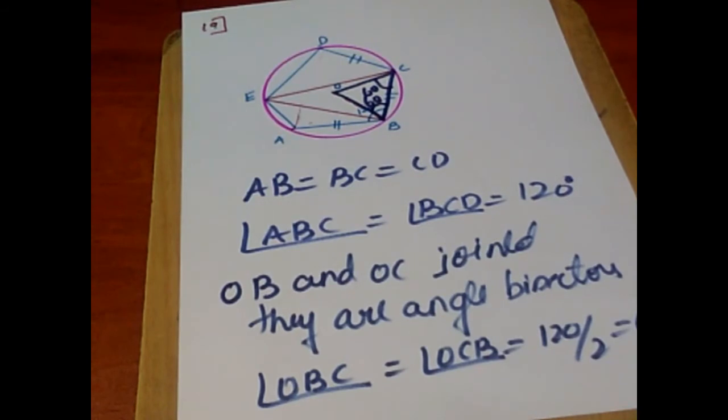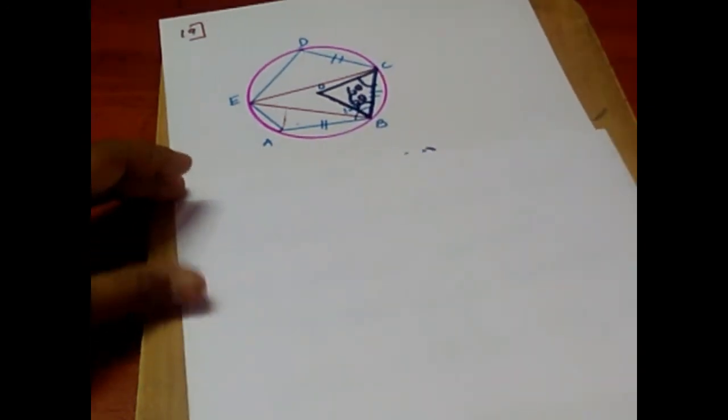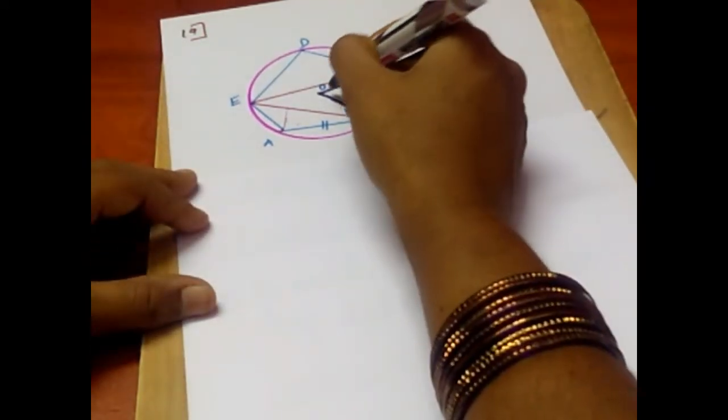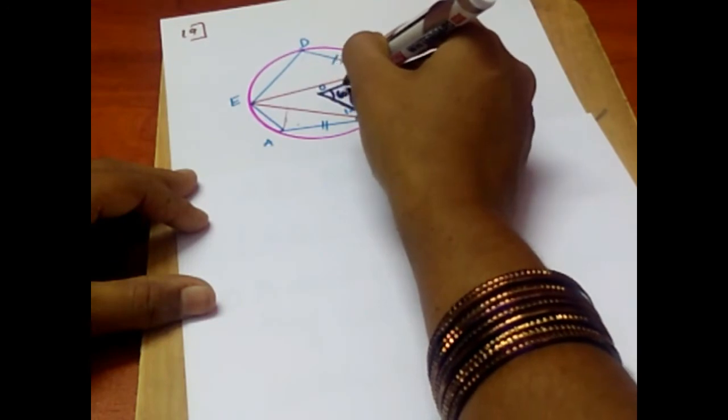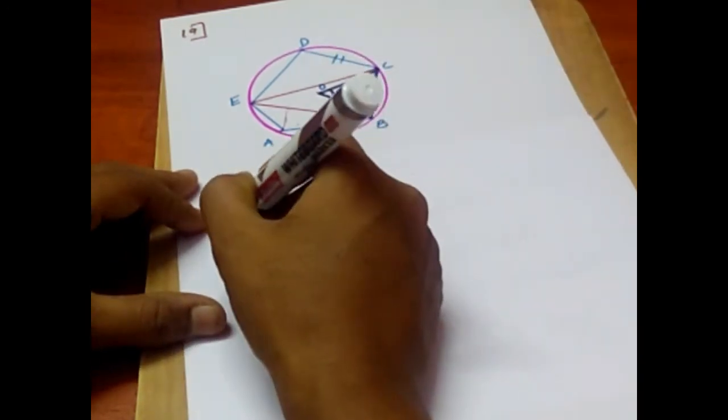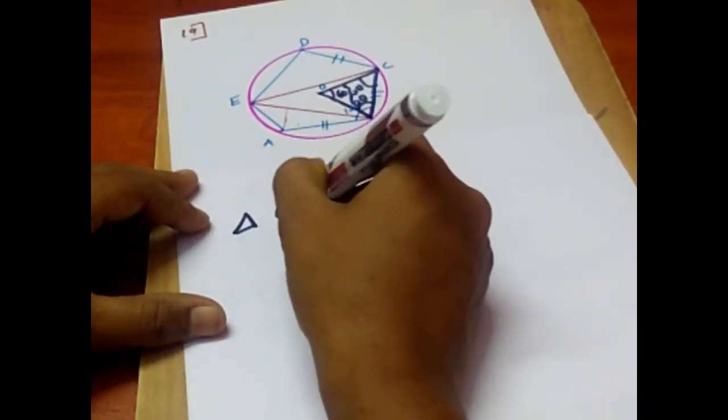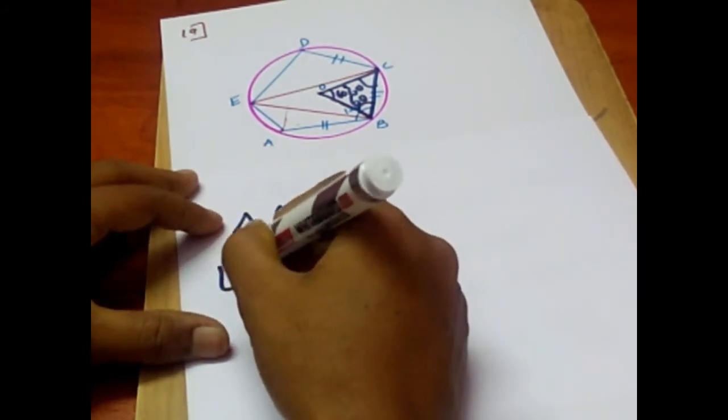Now from the diagram, in triangle OBC, if two angles are equal to 60 degrees, what is the measure of angle BOC? This is also equal to 60 degrees. Let us write that. Consider triangle OBC.